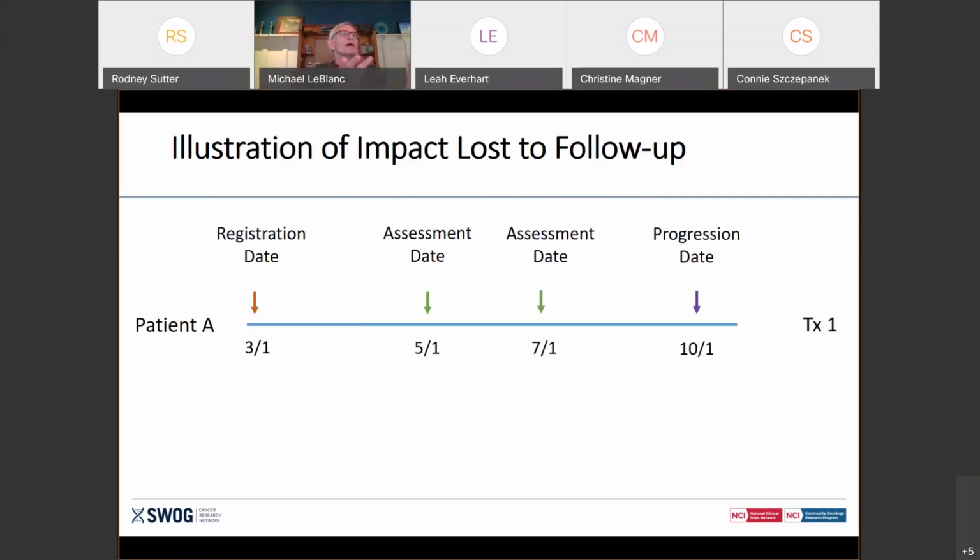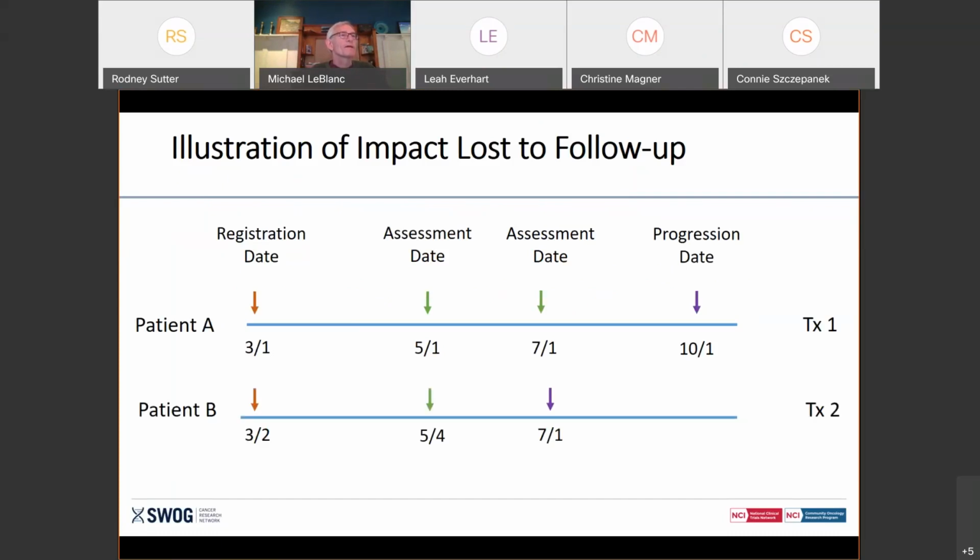So I show a simple example, and I'm going to take a couple minutes. Even if we don't get to all the slides of this talk, I think this is an important illustration of what the impact can be. This is a patient registered on March the 1st, had an assessment date on May the 1st, another assessment date on July the 1st, and was seen to be progressive on October the 1st. Just a little bit of animation here.